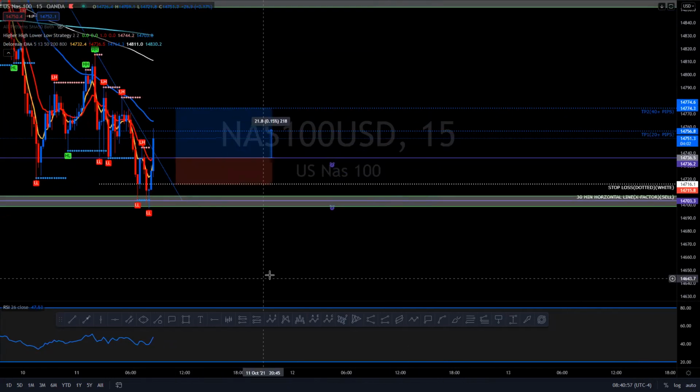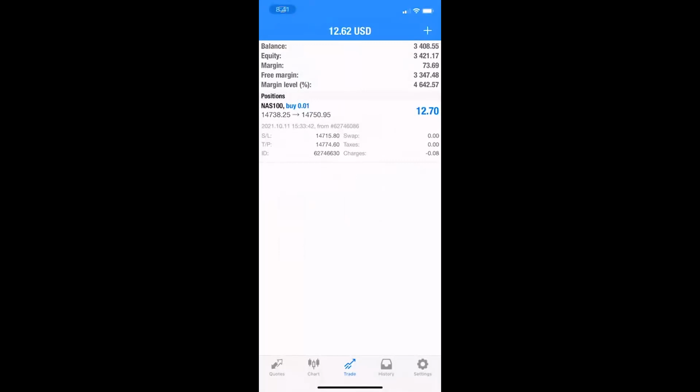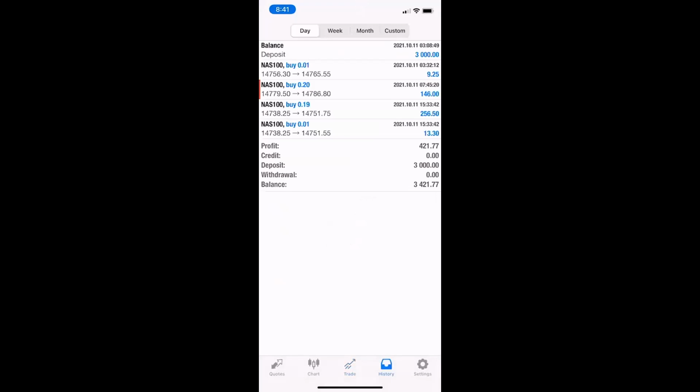So I'm going to go ahead and close my second partial trade. Still $12 in profit, so I'm going to go ahead and close this. So we made an additional $13. So let's add that up.